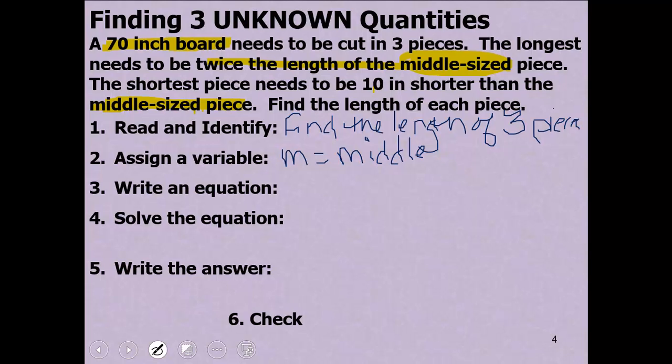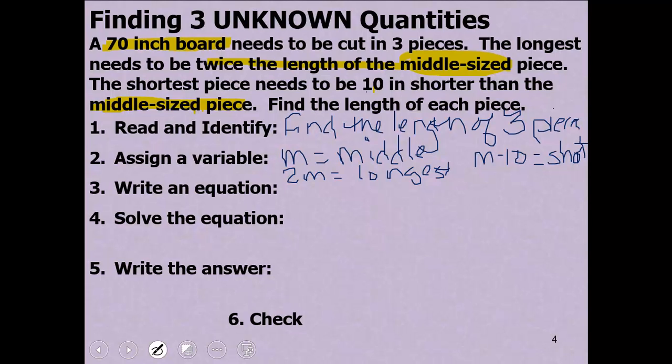The longest needs to be twice the length. So 2M has to equal the longest, right? And the shortest piece needs to be 10 inches shorter. Well, if something is shorter, then we have to subtract 10 inches from it, right? So we have to take M minus 10 is going to equal the shortest.